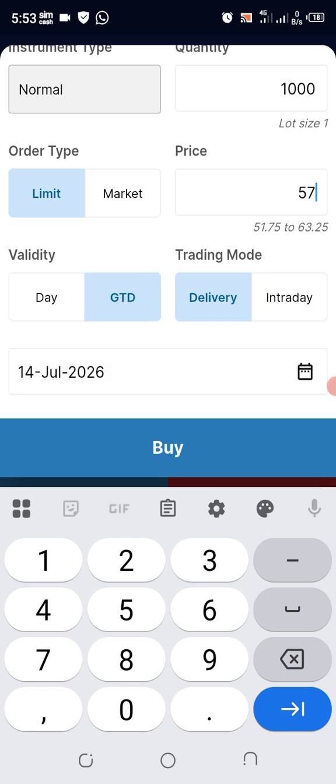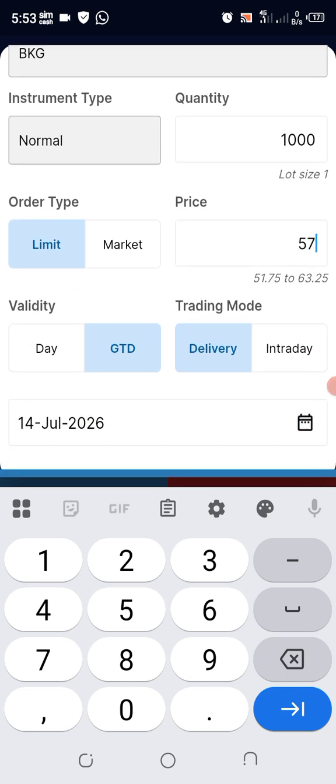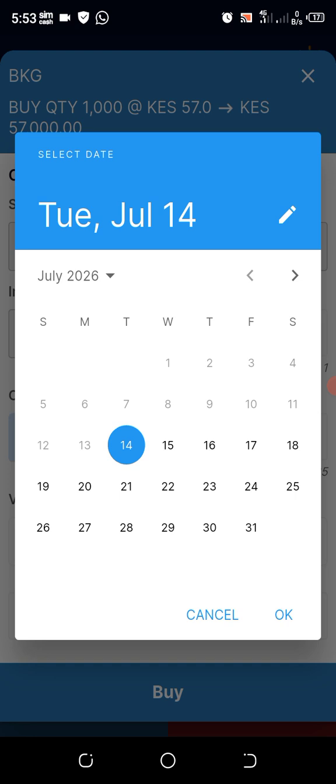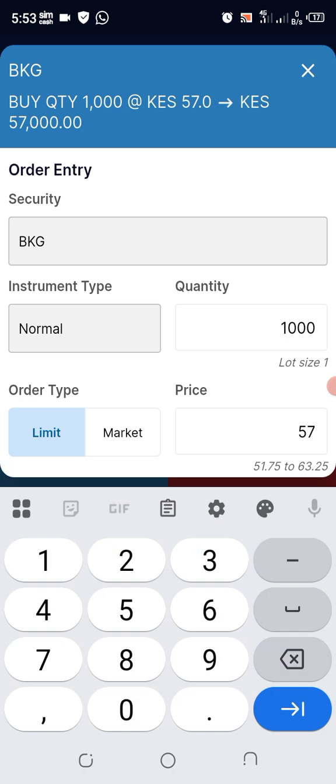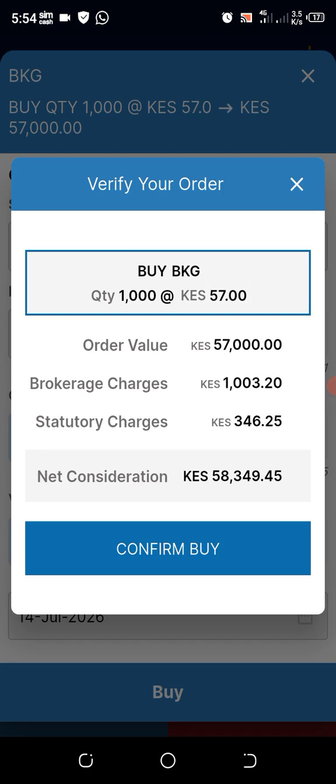If I come to this option of GTD, now at this point I can decide on the validity of my order. I may say that I want it to go up to 31st of the month of July. Then once I do that, let's say that it is just a day, let me click on buy.